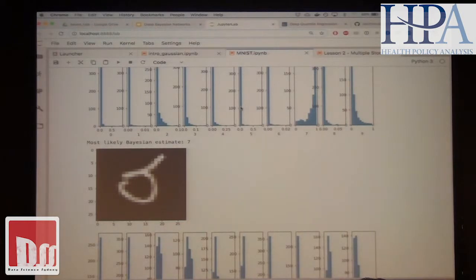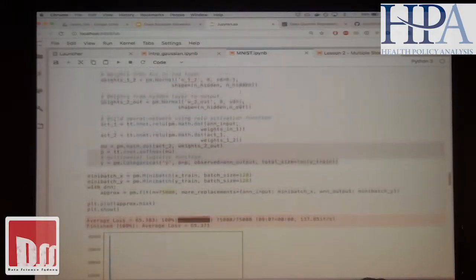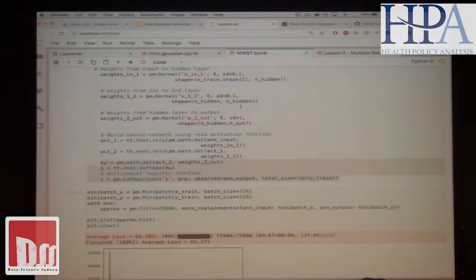So probabilistic programming has nothing to do with the programming language. It's just the fact that I can write the model in a coding fashion rather than a mathematical fashion. So it doesn't refer to the actual programming language. PyMC3 just happens to be one of the tools that I use among many.